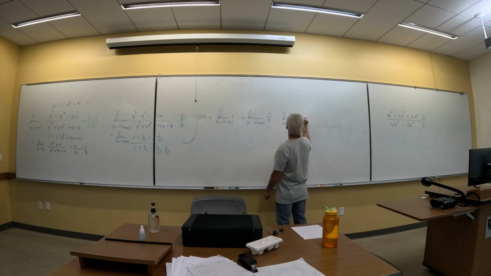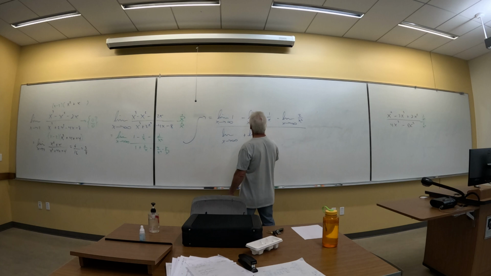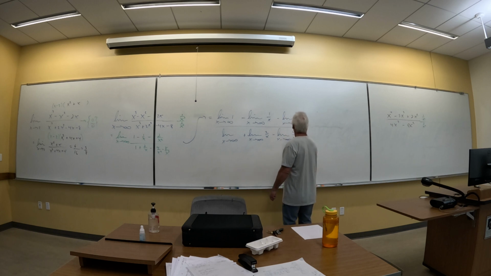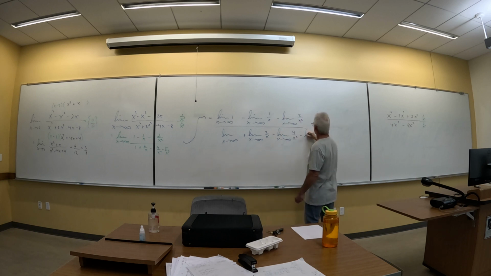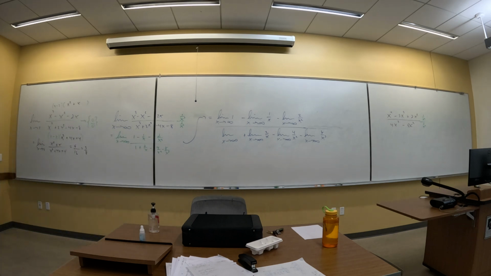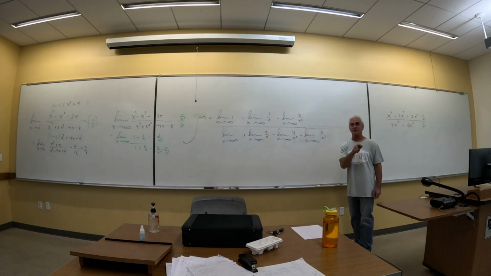You see why I only want to do this once, because this takes so long. All right, absolutely this statement is true. Can I evaluate each of those limits independently? Yes. Lest you forget, the later ones we sometimes forget, but a major theorem that was actually proved using epsilon delta.